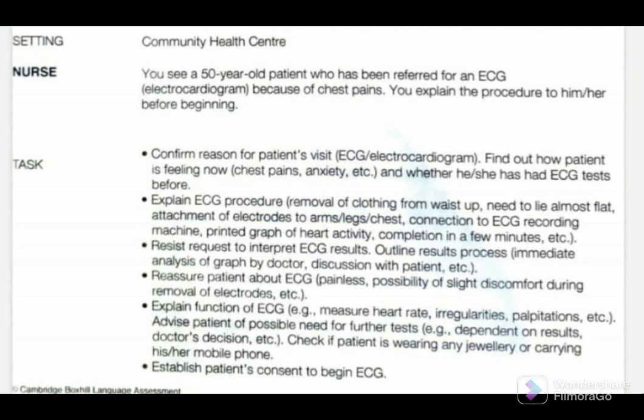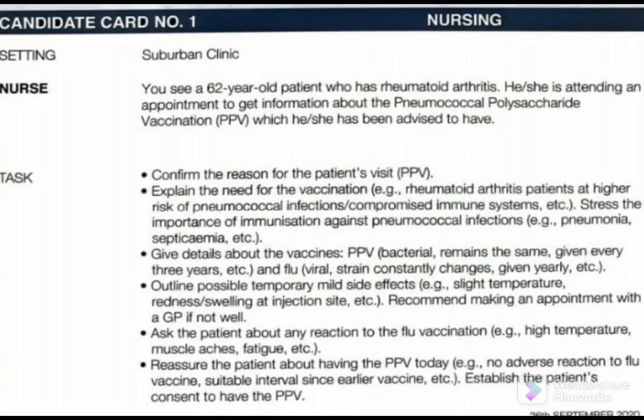In this question paper also, you can see the same scenario. It is a suburban clinic and you see a 62-year-old patient who has rheumatoid arthritis. He or she is attending an appointment to get information about a pneumococcal polysaccharide vaccine (PPV), which he or she has been advised to have. So the first task is confirm the reason for the patient's visit. So how can we start? Good morning. My name is Rashmi Rajan, one of the registered nurses working in this suburban clinic.